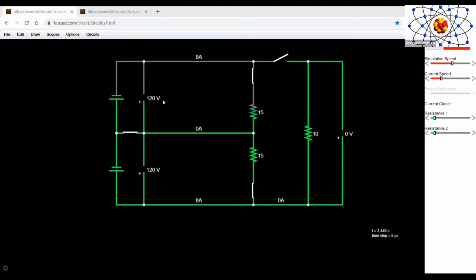Now, having 120 volts in residential is very important. And here we are going to see in the simulation that if we have balanced loads, in this instance, we have two power sources. Of course, in the house, we have AC, but we are not going to cover AC in this course.